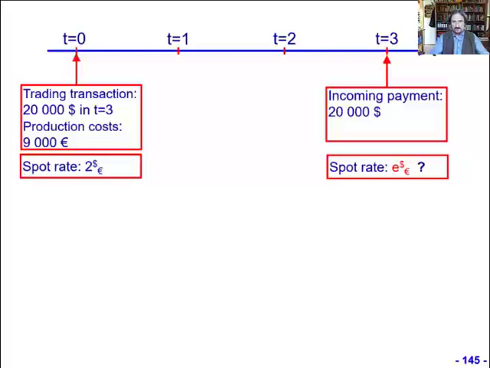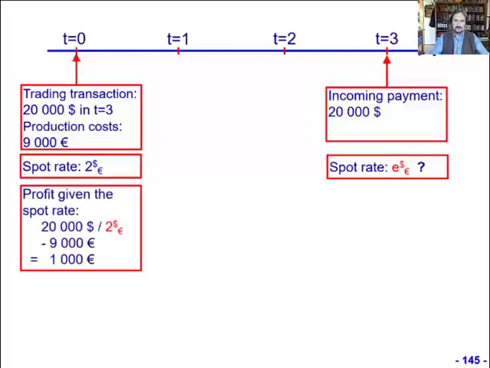Given the spot exchange rate of $2 per euro, the deal would yield a profit of 1,000 euro, since the incoming $20,000 will equal 10,000 euro minus production costs of a car, leaving a profit of 1,000 euro.